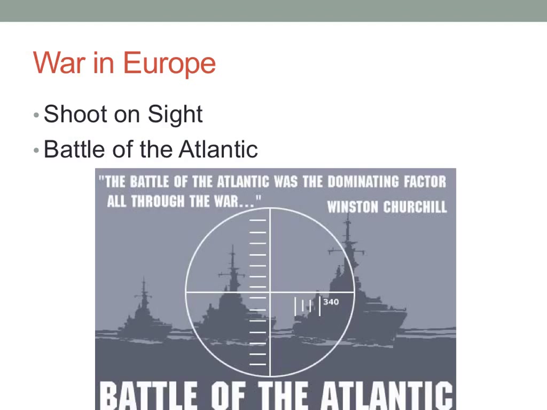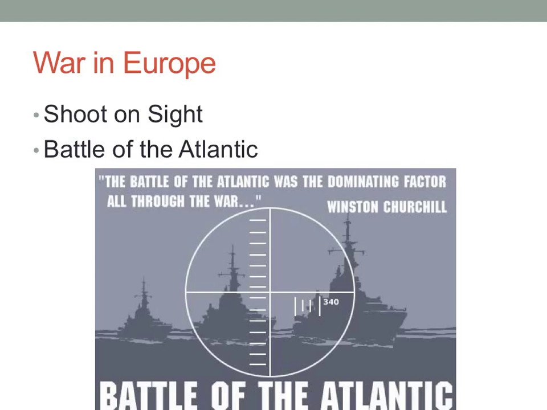Because Nazi Germany was the greater threat, President Roosevelt focused on the war in Europe first. Stalin of the Soviet Union wanted the Allies to open a second front in Western Europe, but the British felt that the Americans were not prepared. American and British forces landed in North Africa in 1942 and moved to Sicily and Italy in 1943.